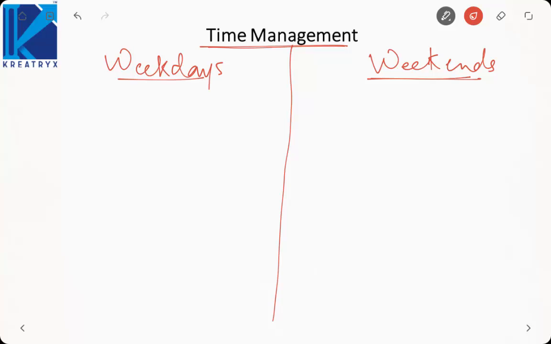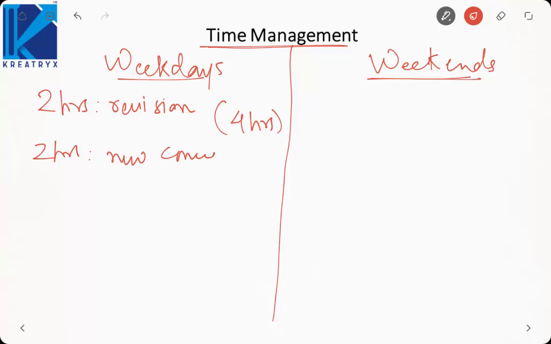In weekdays, how much time you can devote is, you can devote at least 2 hours for revision. I am assuming you will be studying 4 hours each day. So 2 hours for revision and 2 hours for new concept. Now how to divide these 2 hours for revision?